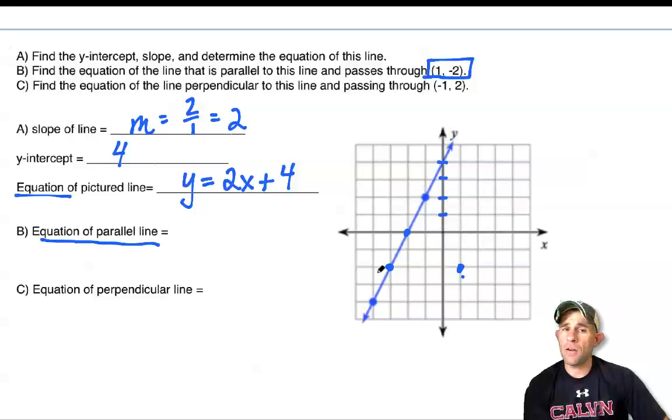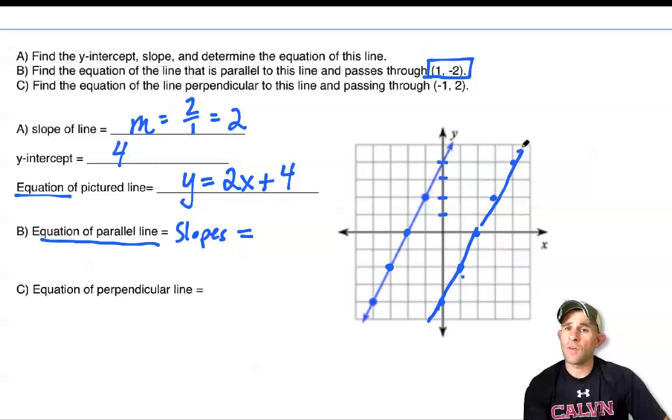If it needs to be parallel, I know that my slopes are going to be the same, so I can use my slope here to do my rise over my run and plot more points on this line. So I see here are the other points on the line. If I go to the left 1 and down 2, this point is on the line. And again, I'm just going to use the idea of slope to generate those points.